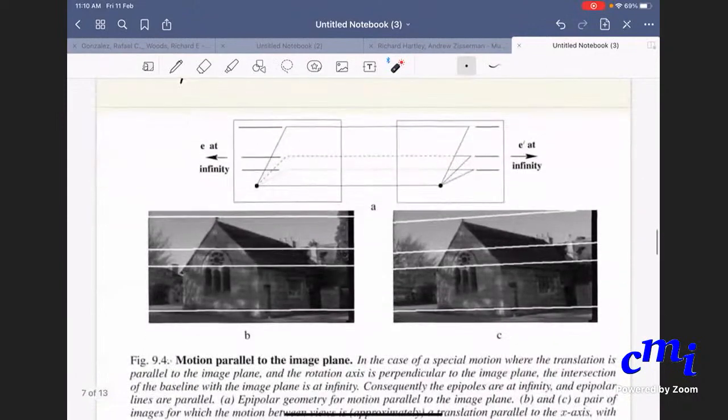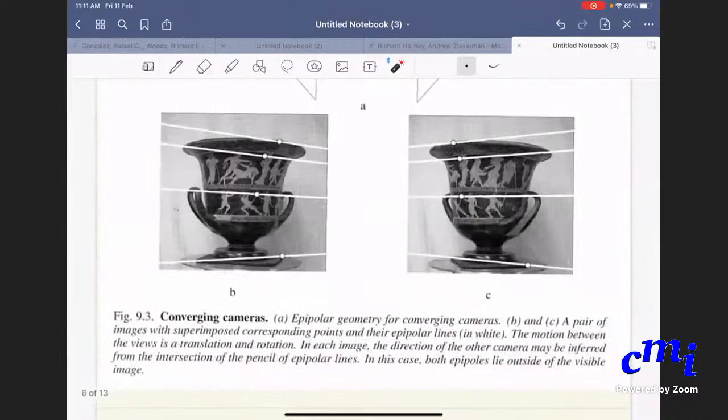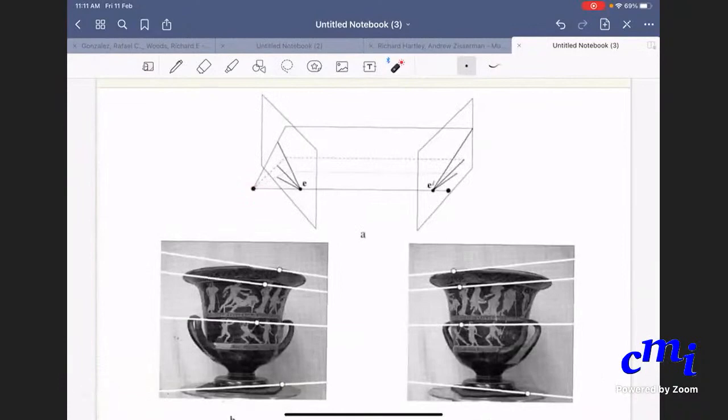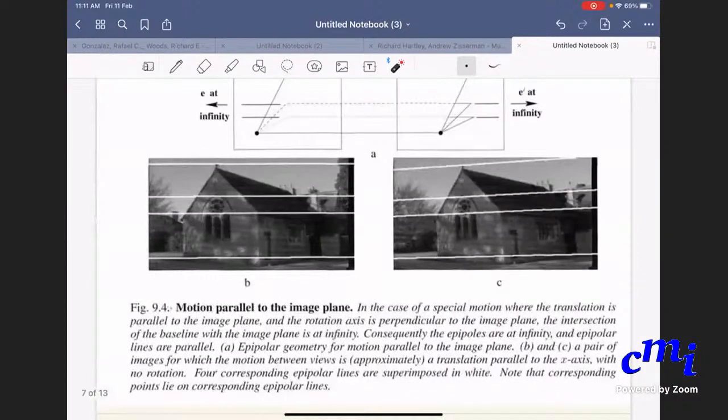Here is another picture. In the previous case, the two views were related by a rotation and a translation, which means the first camera moved with a rotation and translation to get to the second position, and so the epipolar lines actually meet. What we have here is a view where the camera has only translated. There is only a single dimensional motion, so the object is fixed, and for the second image the camera only moved along a straight line.